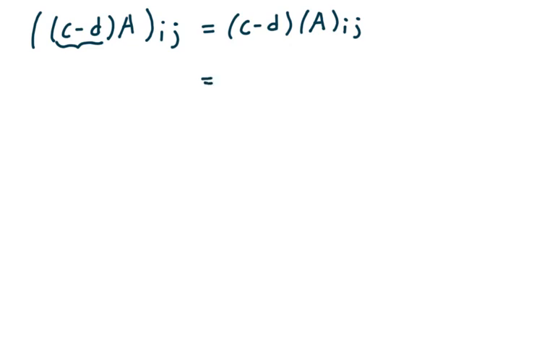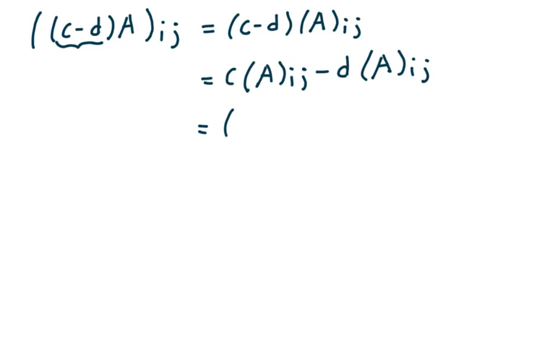And so essentially I can write this as C times the entry in the ith row, jth column of A minus D times the entry in the ith row, jth column of A. But by scalar multiplication, we can write this as the entry in the ith row, jth column of CA minus the entry in the ith row, jth column of DA.